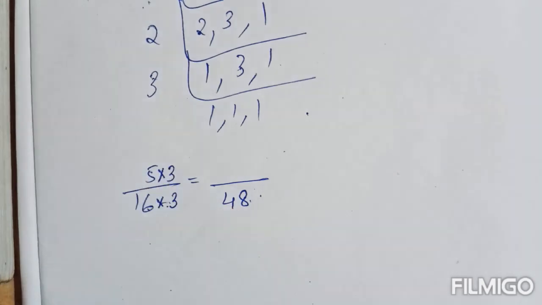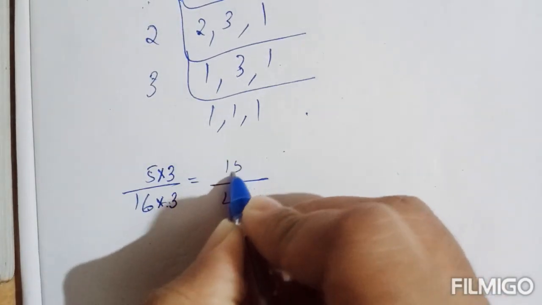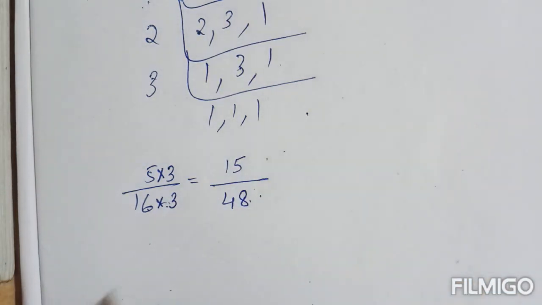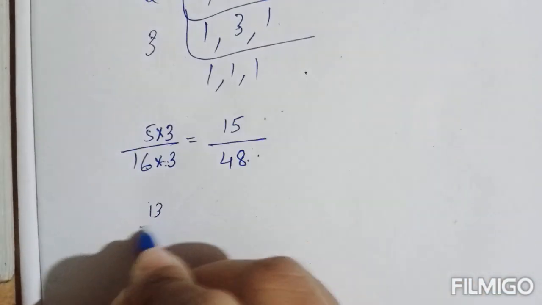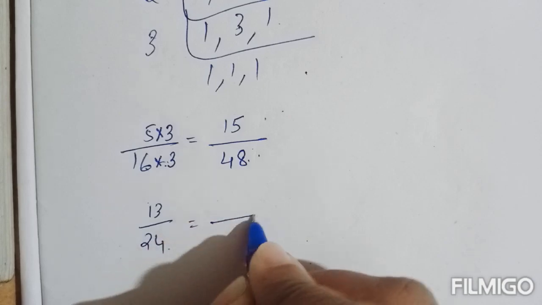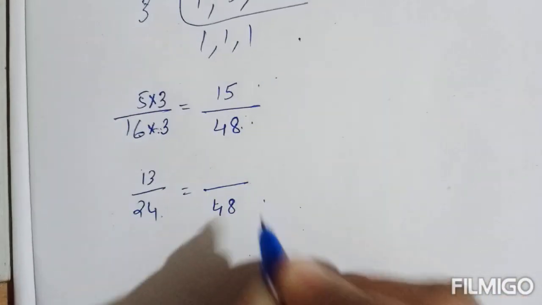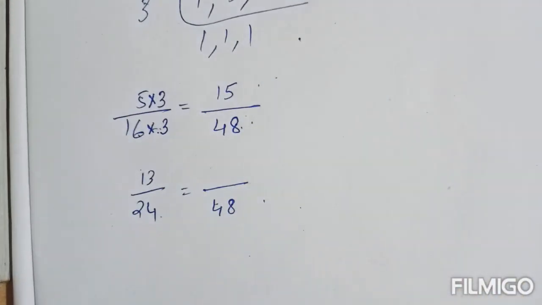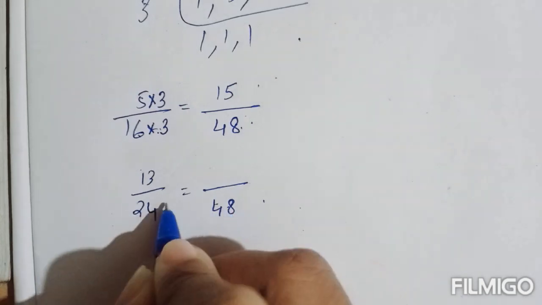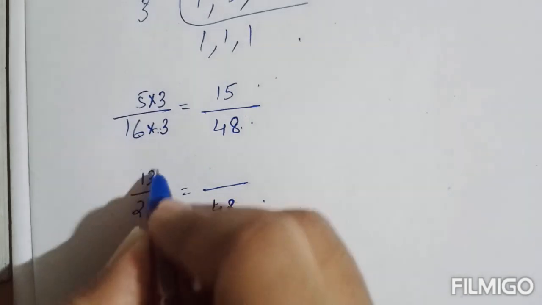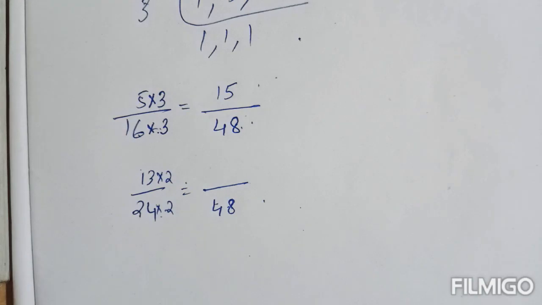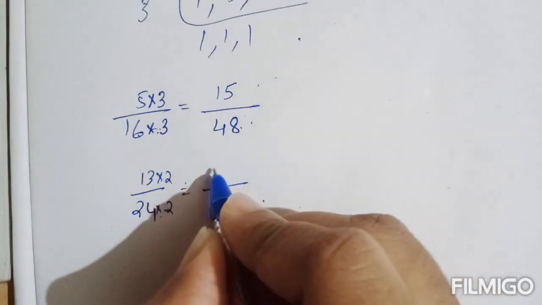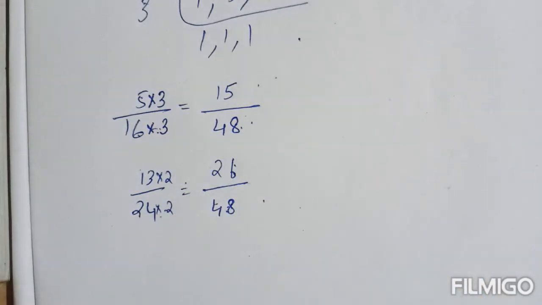Numerator also you can multiply by 3. 5 into 3 you will get 15. Okay. Second fraction 13 by 24. You have to make the denominator 48. 24 into 2 it is 48. So 13 also you can multiply by 2. You will get 26 by 48.